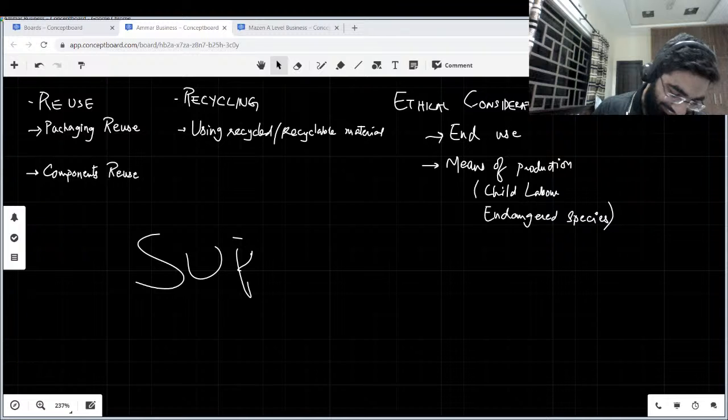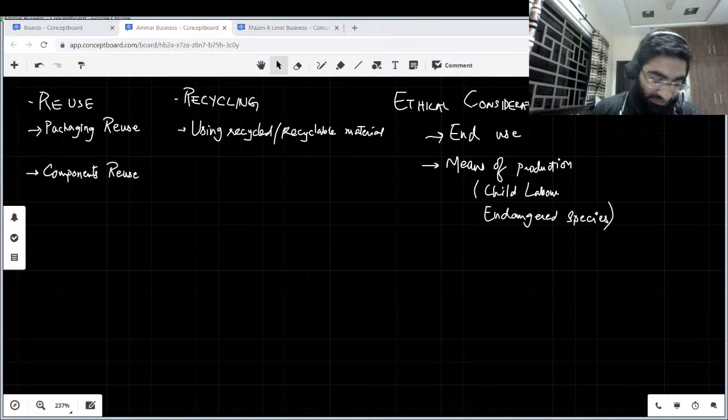Okay, so these are the social trends that are there, and the question is why should you take care, or why should you consider these social trends? Would it provide any added benefit to the business if it thinks about these social trends while designing the products? So let me write: benefits to business of adapting to social trends.